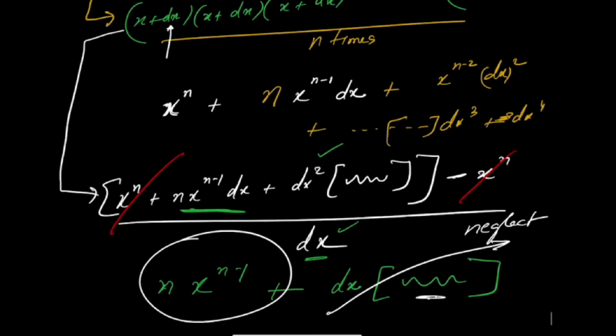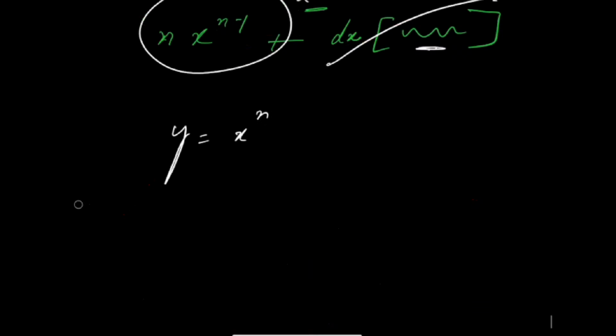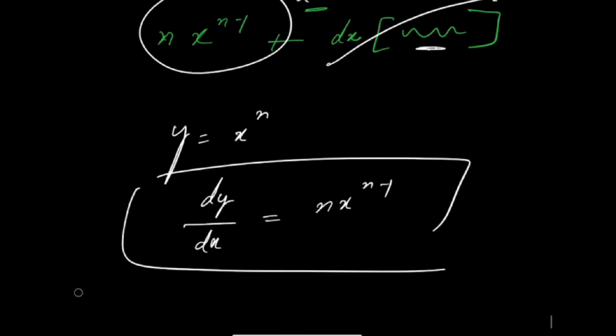So we started with what? y is equal to x power n, and we applied the formula for dy by dx. You got n into x power n minus 1. So we proved just now that the derivative of x power n is n into x power n minus 1. Clear? Let me summarize what we derived.